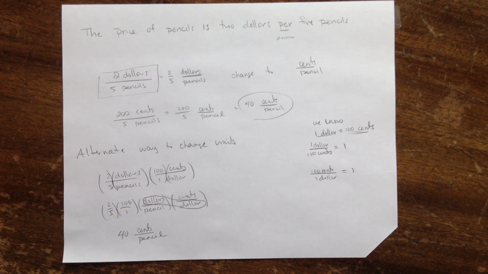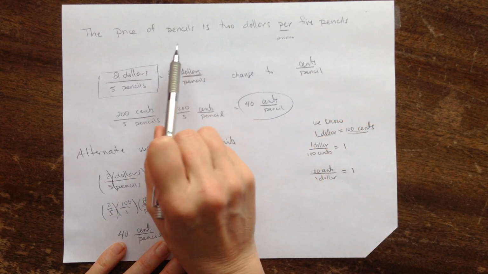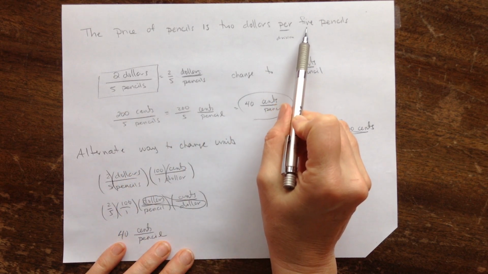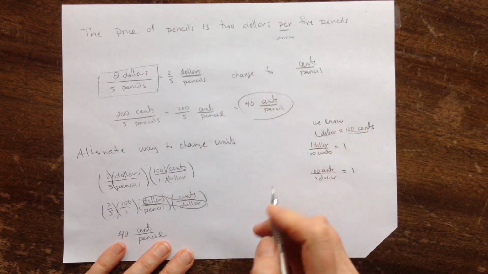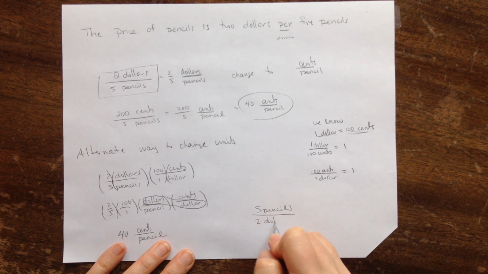But if you're changing something like, say, from feet to meters, those relationships are not going to be so nice, and depending on your background with this stuff, not as intuitive. So this method can work nicely. The other thing you can do, I should mention here, is instead of $2 per 5 pencils, it's also 5 pencils per $2.